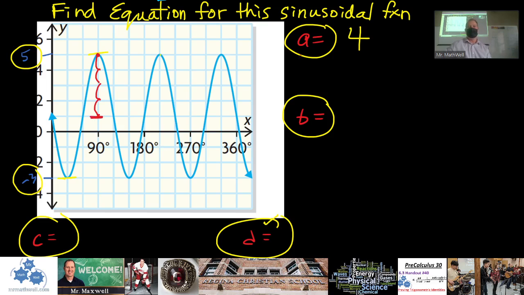You see that? So your midline is going to be y equals 1. Now we know that a regular sine graph has a midline at 0. So if we had to move this graph up 1, that means that D is plus 1. So D is 1. You see that?